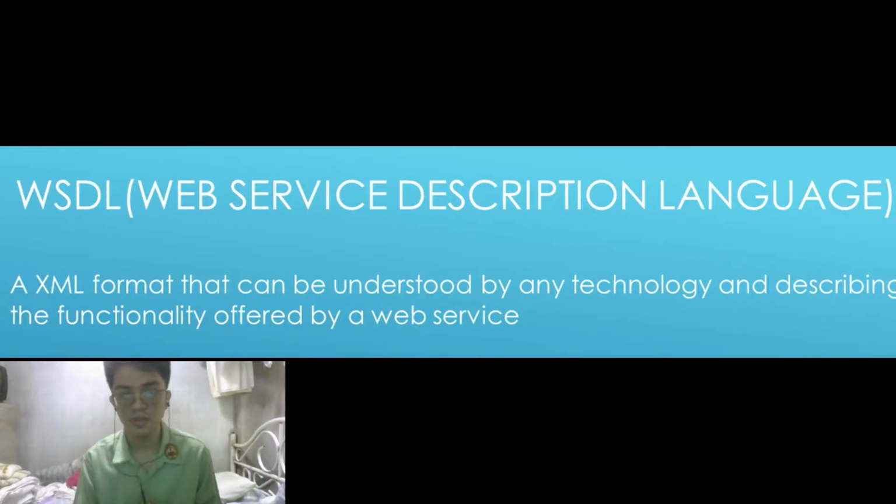Para makapag-send siya ng methods or arguments papunta sa client is through WSDL. So, ang ginagawa ng WSDL, parang gumagawa siya ng format na maintindihan ng kahit anong language. So, kapag nag-send si Java papunta kay C++ or .NET na language, kaya niya nang maintindihan.